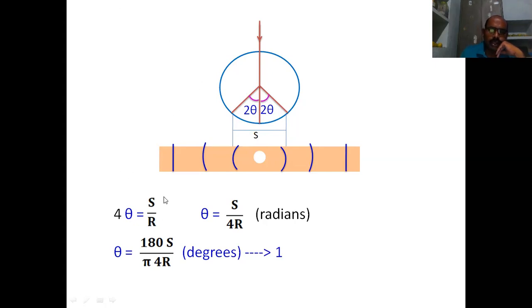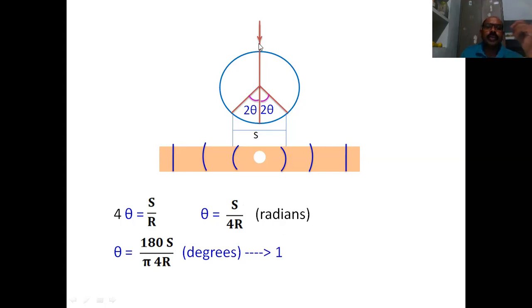The length of the arc S is equal to R into theta. The length of the arc S is equal to 4 theta into R at first. Later 4 theta is equal to S by R. From this, theta is equal to S by 4R radians. It is the formula in radians.